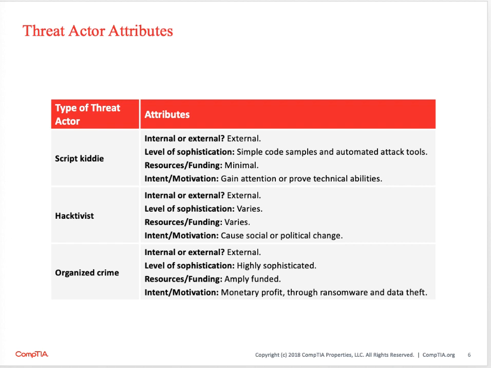They might have backing of somebody that has a good amount of funds to continue to facilitate their crime organization. So the primary intent is going to be monetary profits. A big target that they go for is going to be personally identifiable information because this type of data can be sold for a profit, right? So that way they can steal identities, things like that, right?